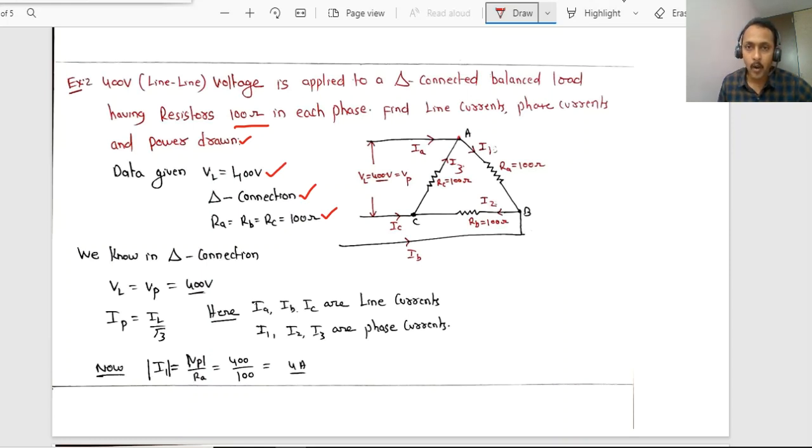Now at this node point in this diagram, Ia indicates which current? Ia indicates the line current. Whereas the current from A to B, this I1, indicates which current? Flowing in this resistor Ra, this indicates the phase current I1. I will write here I1, I2, I3 are phase currents.